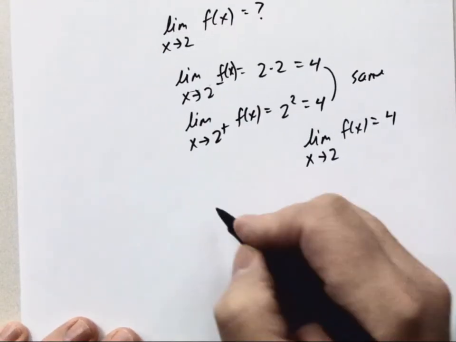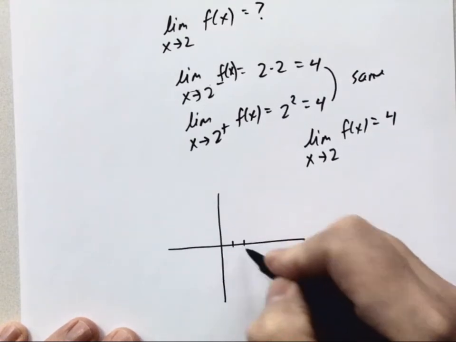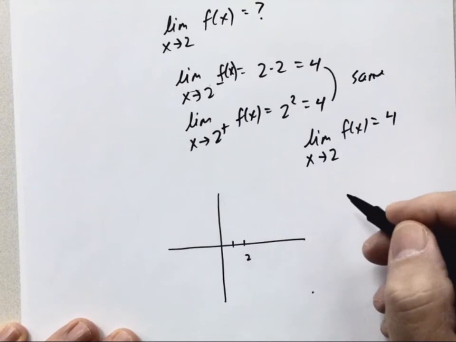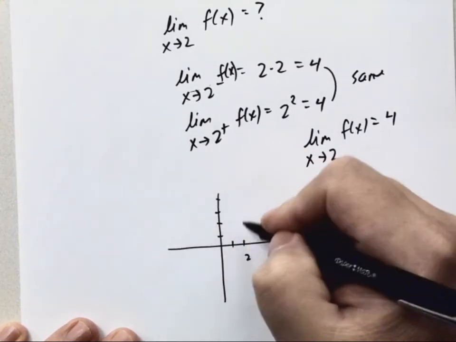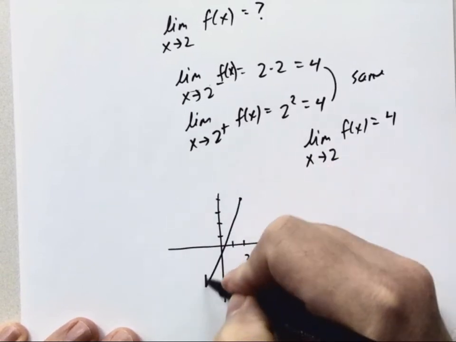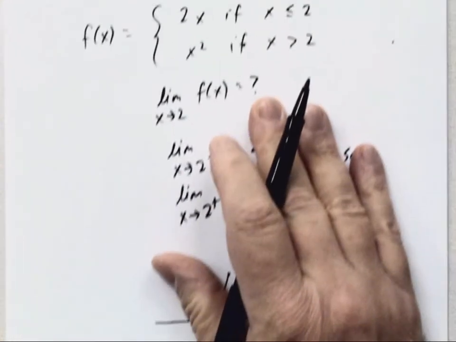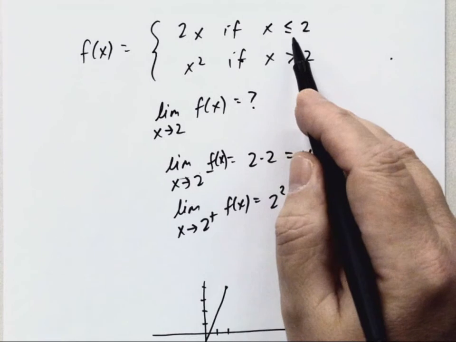If I do a rough sketch, it's like there's the first function, which is good from x up until 2.